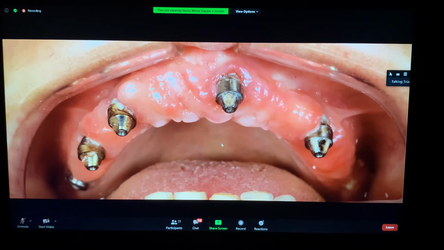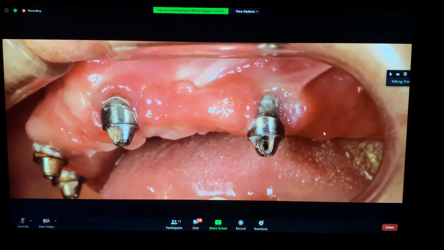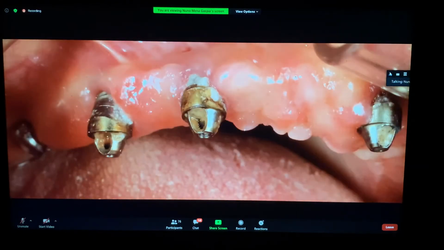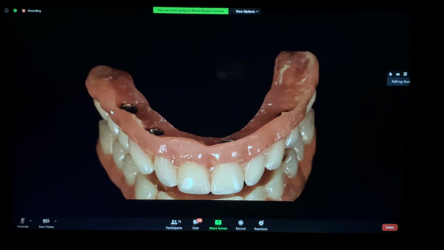Bị sưng đau và viêm nứu ở quanh các vùng quanh trụ, viêm quanh trụ. And everything is full of plaque because this is the prosthesis.